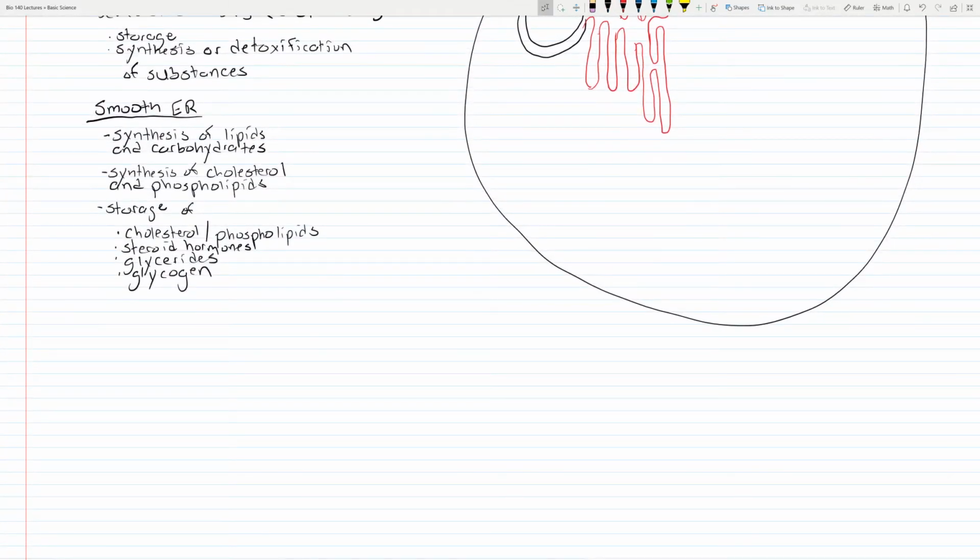Then we're going to have the rough ER. With the rough ER, we already know it's got a ribosome covered surface. It is protein and glycoprotein synthesis.